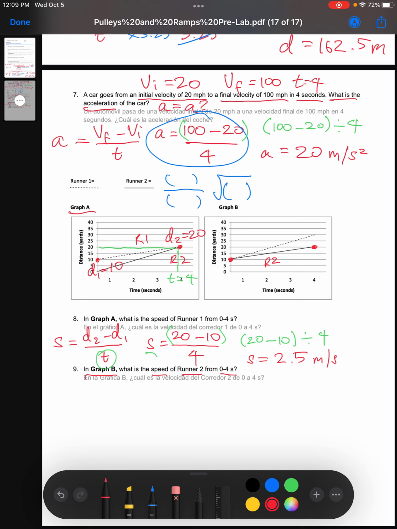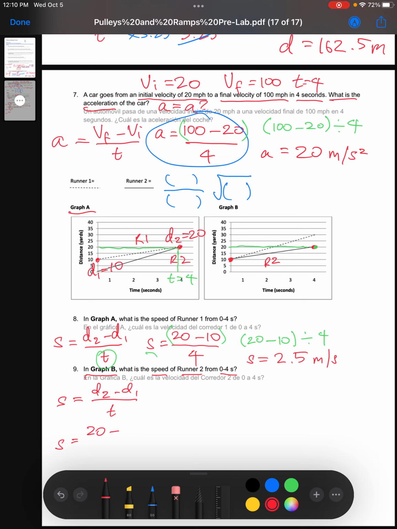So their speed is their final distance minus their initial distance, their change in distance, divided by the time. What's their final distance of runner 2 in graph B? Here's their final point right here, and their distance at that point is 20.